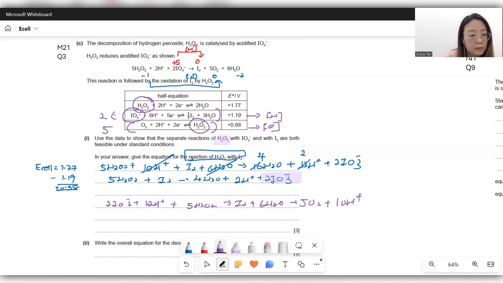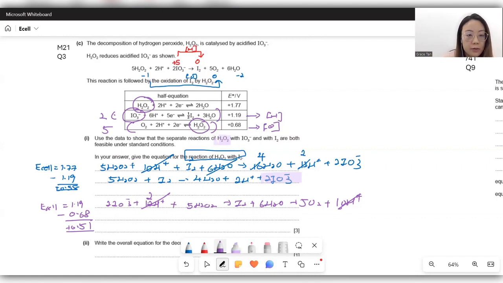Now the Ecell value: the more positive 1.19 minus the less positive 0.68, 0.51. So Ecell is positive, which means the two equations that I picked are feasible. Can we simplify the equation? 12 and 10 here, left 2. Okay, that is simplified here.